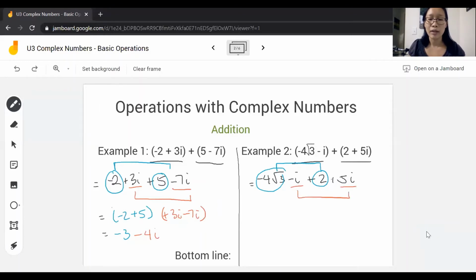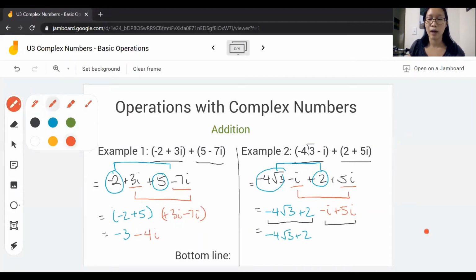I'm going to rewrite this so that my real parts are together and my imaginary parts are together. -4√3 plus 2 can't be combined anymore, but -i plus 5i can, so I'll just rewrite the first part, and then -1 plus 5i is +4i. The bottom line here is that you rewrite and combine like terms.